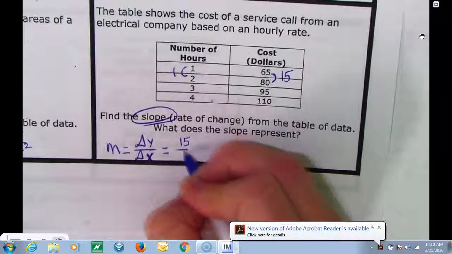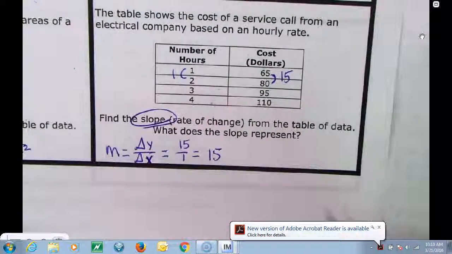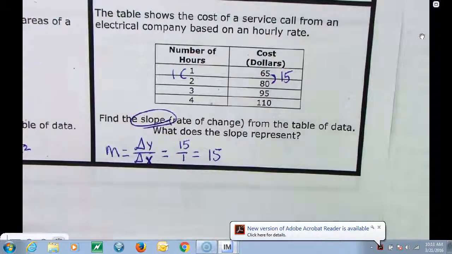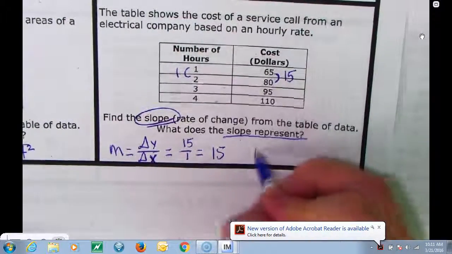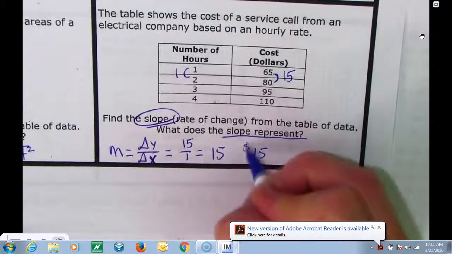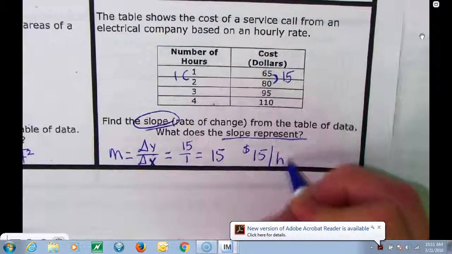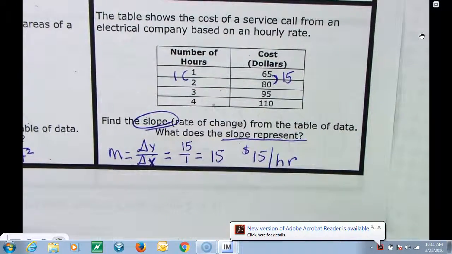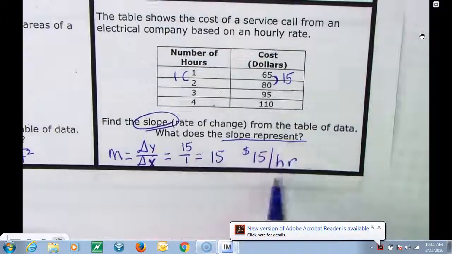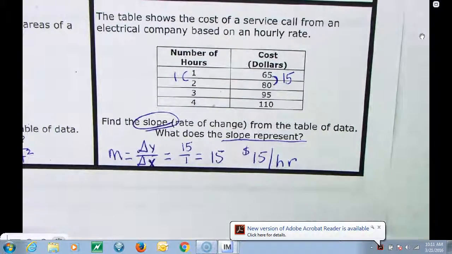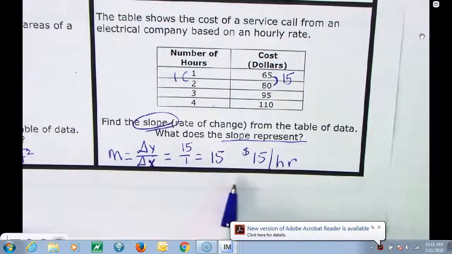It's 15 over 1, which is 15. What does the slope represent? 15 what? Per hour. We've got to know what the slope represents. What if this one question keeps you from passing? Well, it's easy. You should get it right now. Look how easy that is.